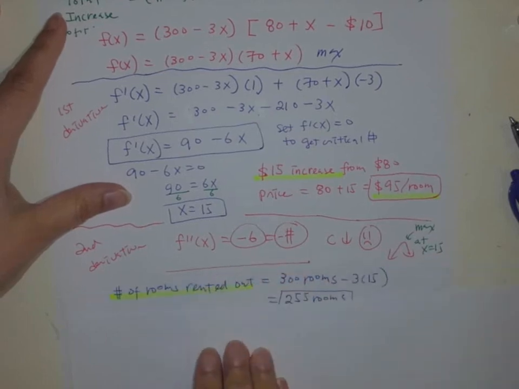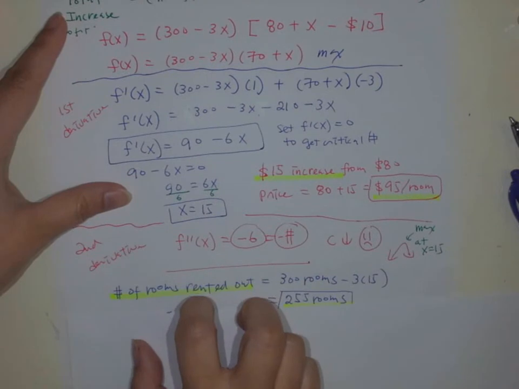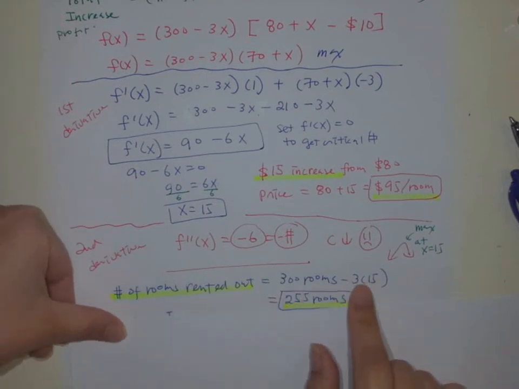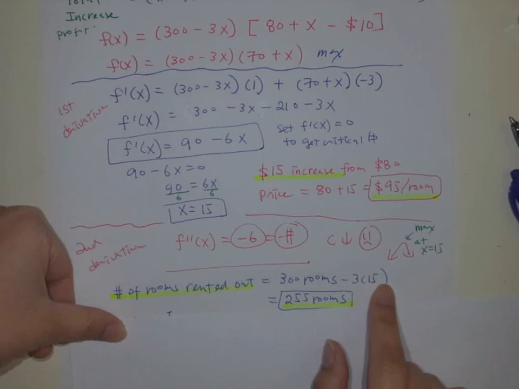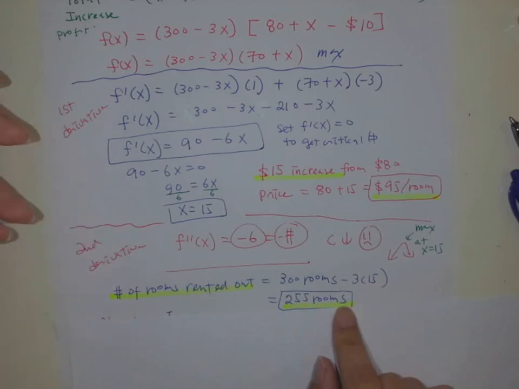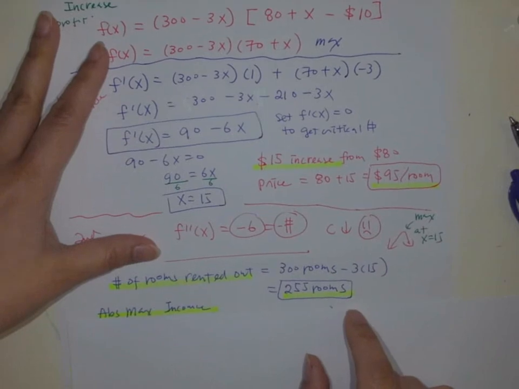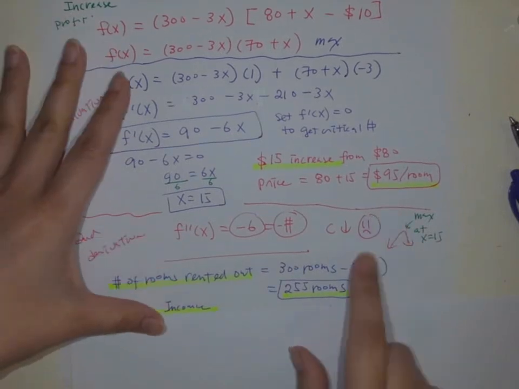To find out how many rooms we're going to rent out, it's 300 rooms subtracting 3 times the $15 you increase. So you're going to rent out 255 rooms at the rate of $95 per room.